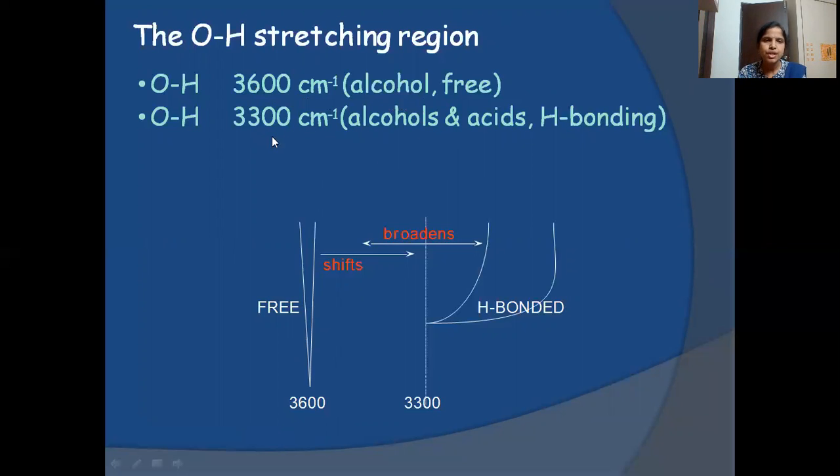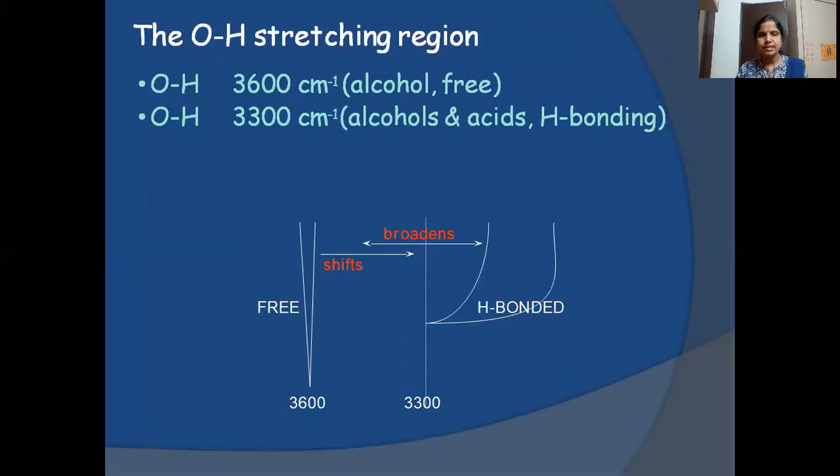Suppose hydrogen bonding is present, what is happening? The vibrational frequency is decreasing. We have seen in the last class also that the vibrational frequency decreases because of the hydrogen bonding. What happens when hydrogen bonding is present? The force constant will decrease. That is, between oxygen and hydrogen the bond length increases, so the bond strength decreases.